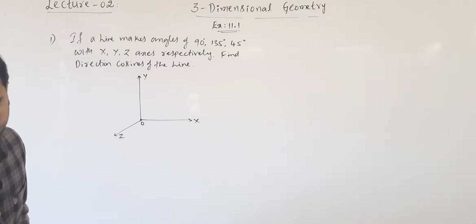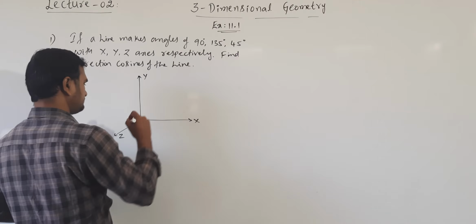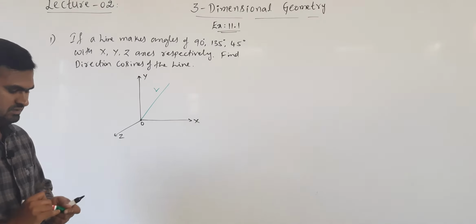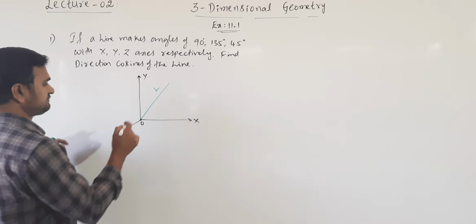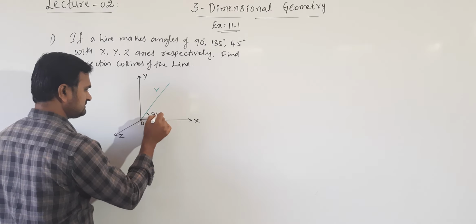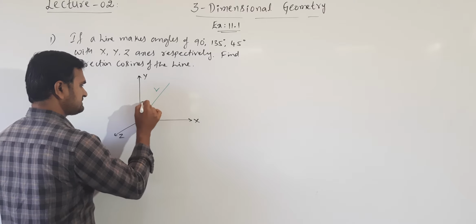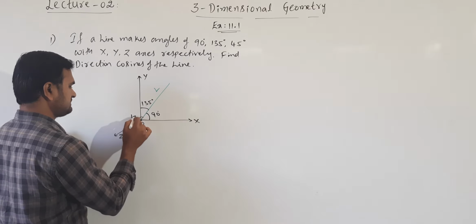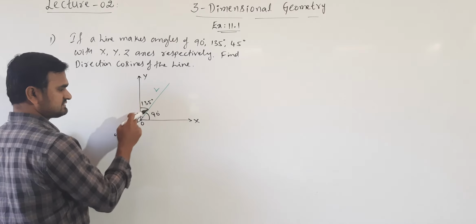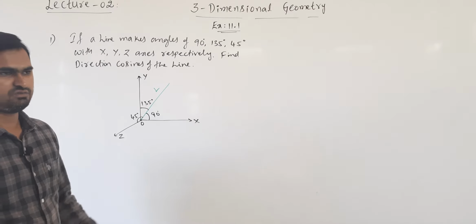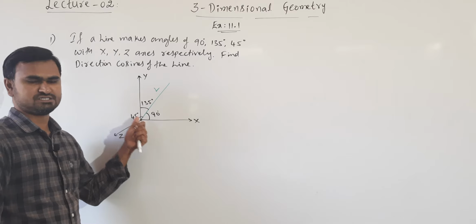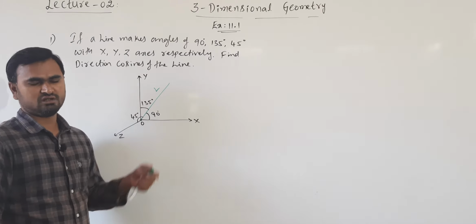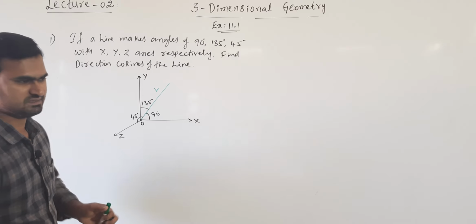Suppose there is a line, this is a line L. Now this line is making angles of 90 degrees, 135 degrees and 45 degrees with the x axis, y axis and z axis. What are these angles called? Direction angles. We know that these are the angles alpha, beta and gamma. Now once we know alpha, beta, gamma, we can write its DCs.